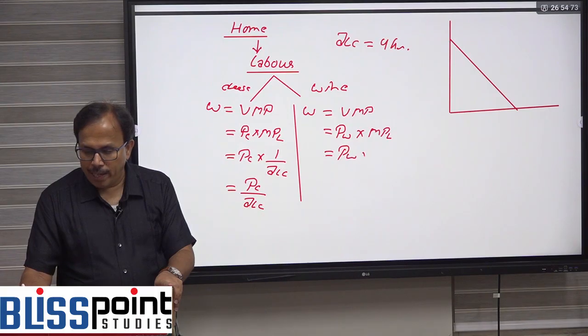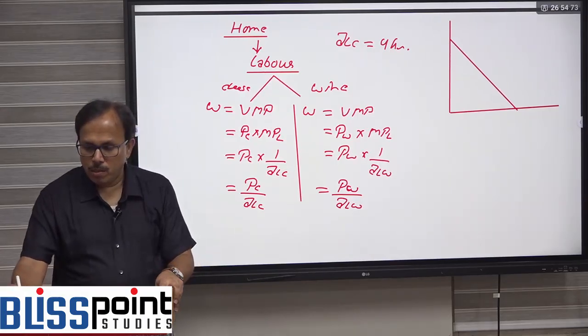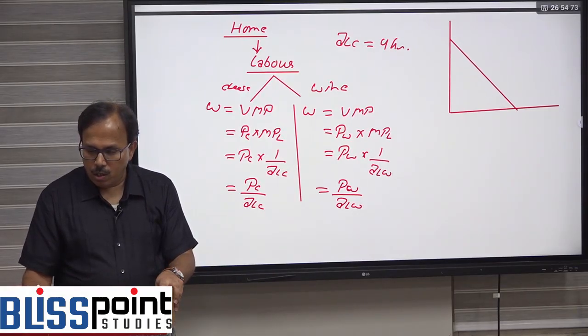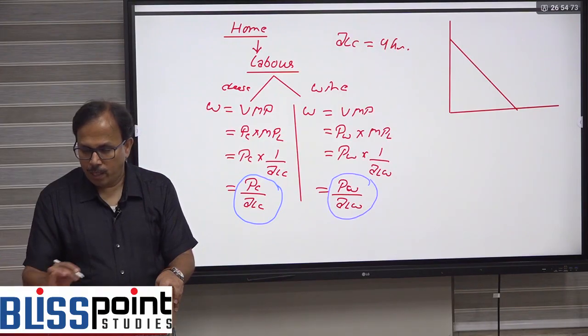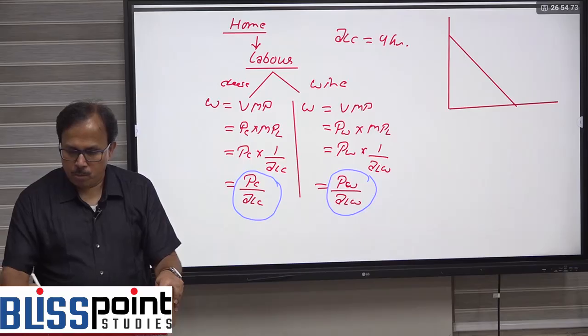That is price of wine into 1 upon ALW. So that can be written as PW upon ALW. Okay, so this is the wage in cheese and this is the wage in wine. Clear? So now write some possibilities here as a note.